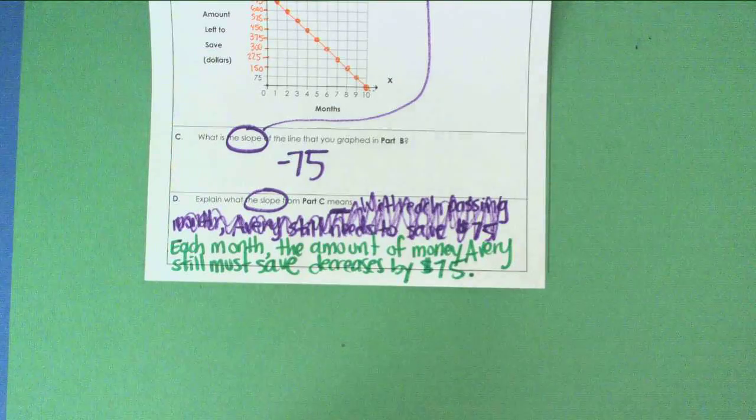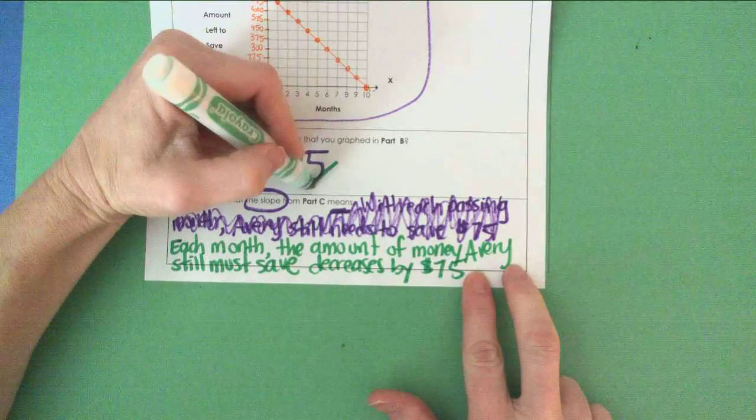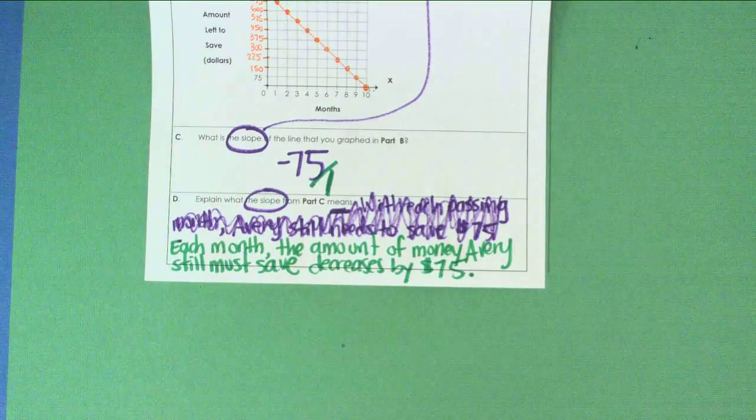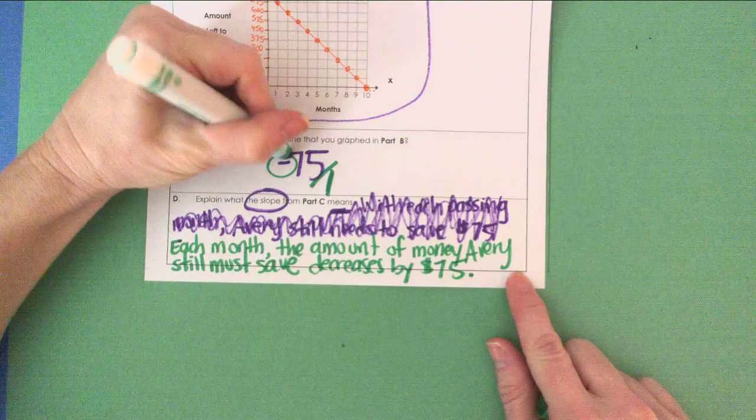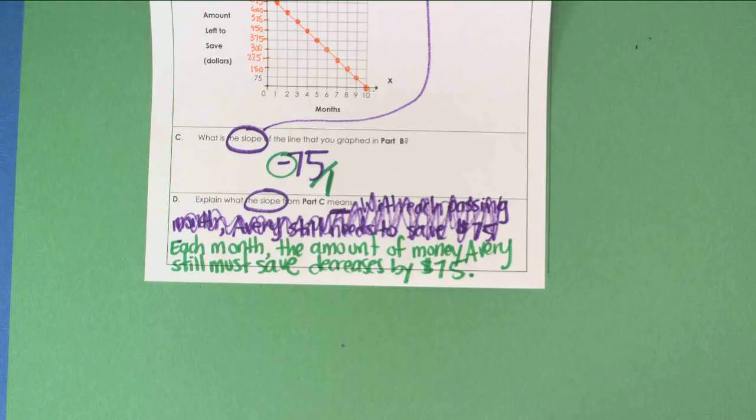Each month, that's the over 1 part. Each month the amount of money Avery still must save decreases, that's the negative, by $75.